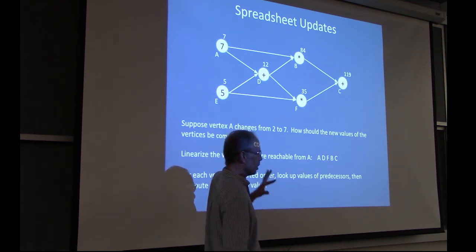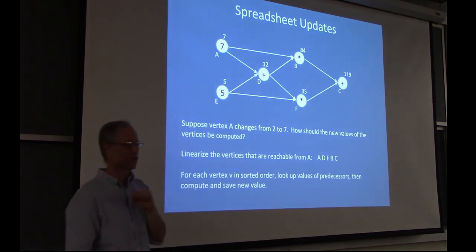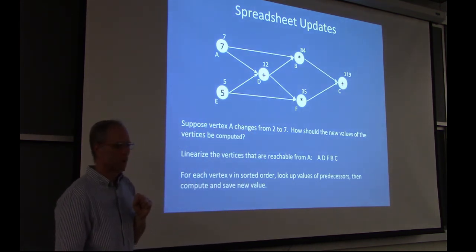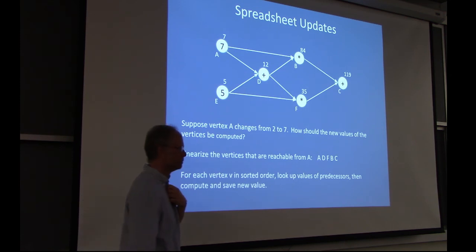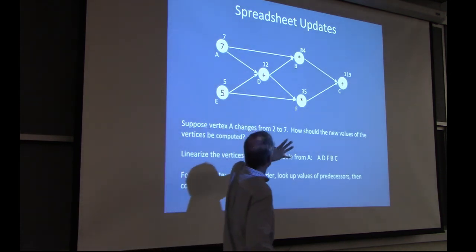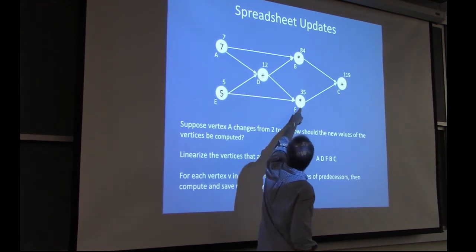Now, what's the simple computation you're doing at each vertex? I always say it's a simple computation. What is the computation you're doing? Just in words, what do you have to do to evaluate this vertex to find out it is 60?